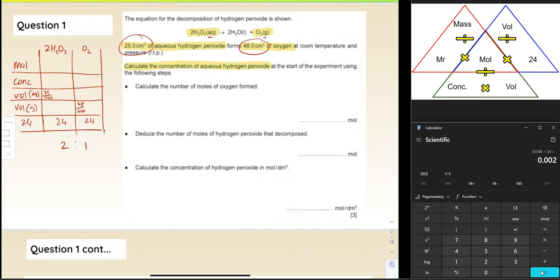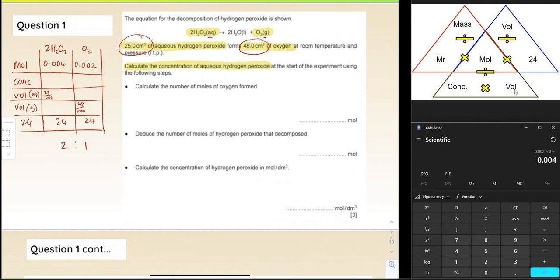So I end up with 0.002 moles of that. Well, if I've got 0.002 moles of that, I've got twice as much of that, so I need to times by 2, 0.004.